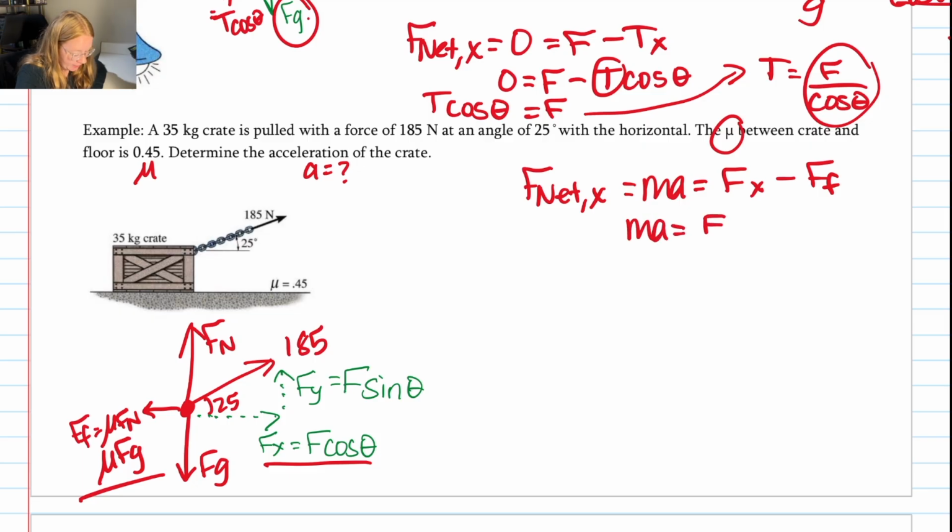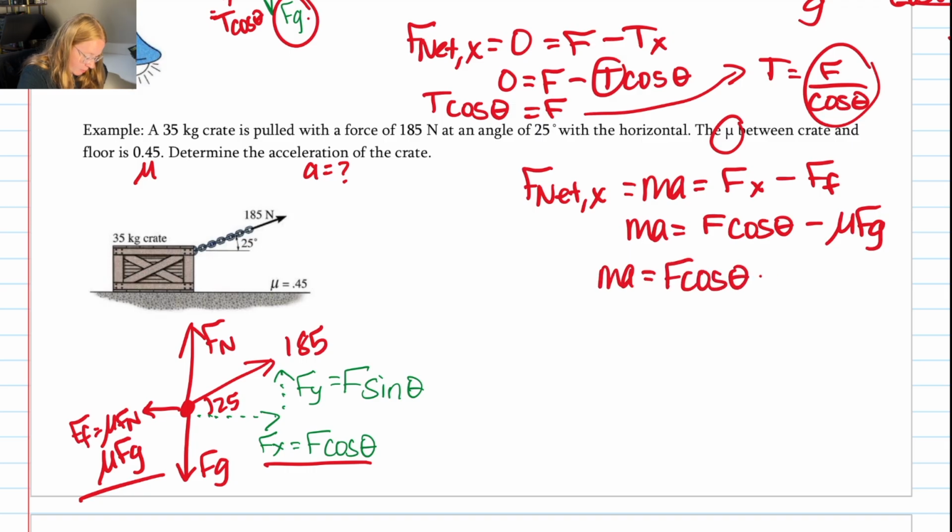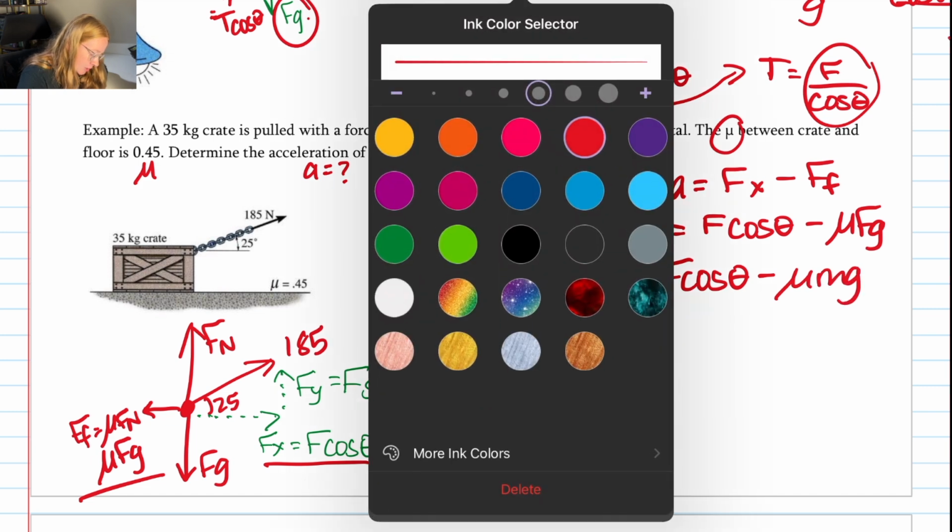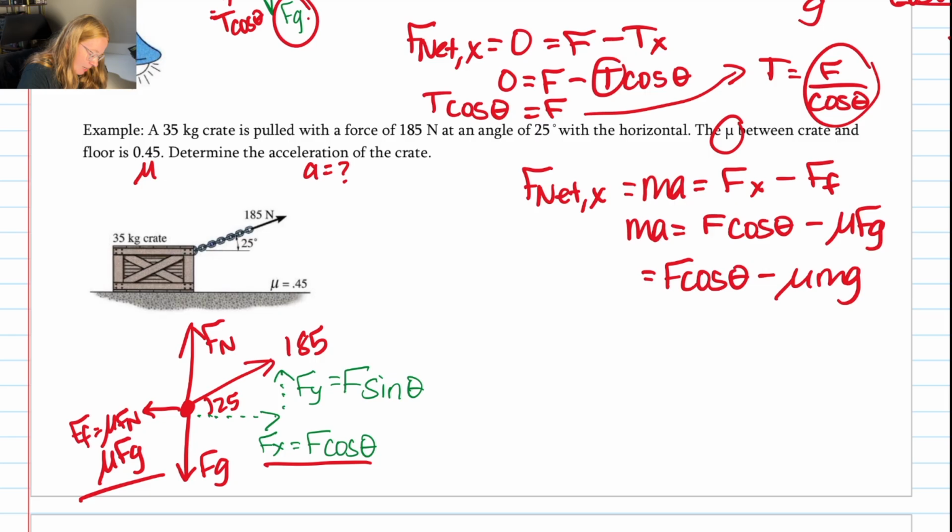Fx is actually F cosine theta, and force of friction is actually mu Fg. And then remember we replace Fg with mg. I am solving for acceleration, so I'm going to go ahead and move that mass to the other side by dividing by mass.